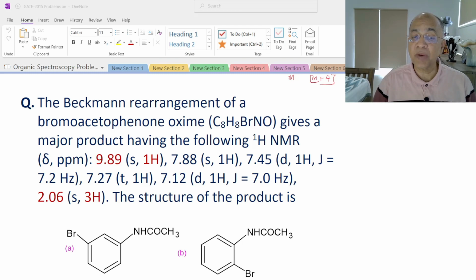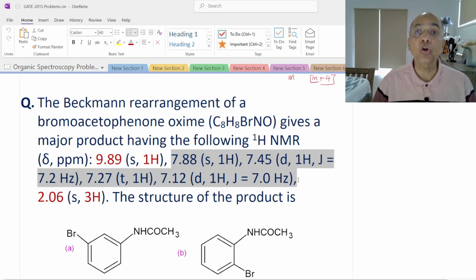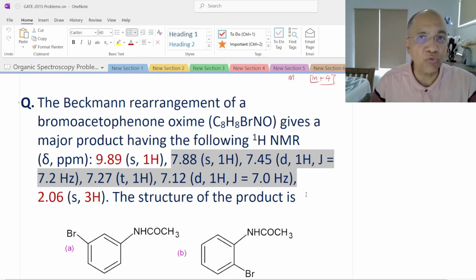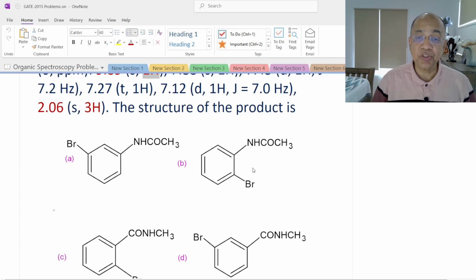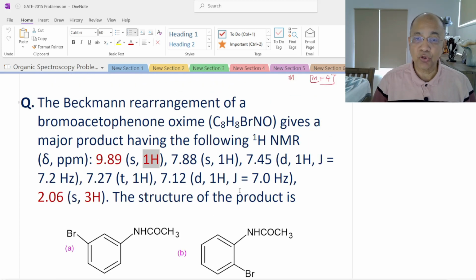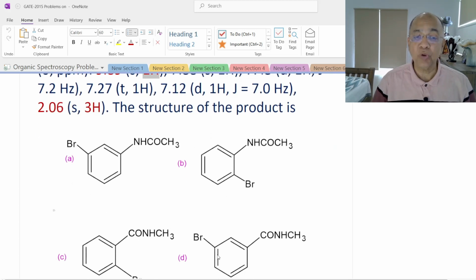These four 1 proton peaks in the aromatic region from 7.88 to 7.12 are for the aromatic protons. There are 4 non-equivalent aromatic protons, and which possible compound represents this proton NMR data?